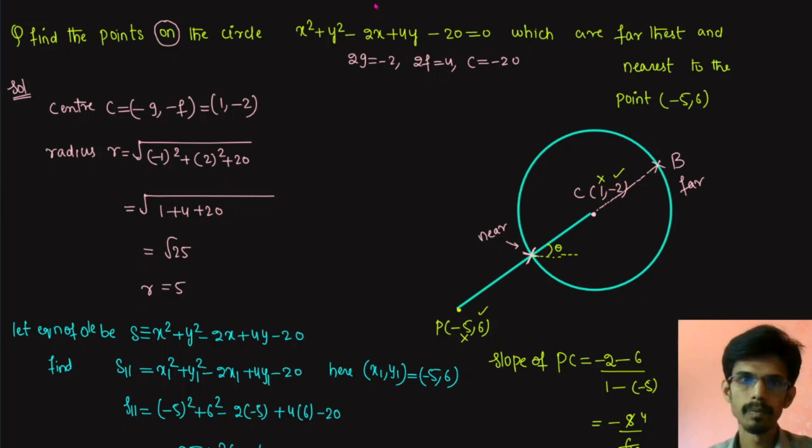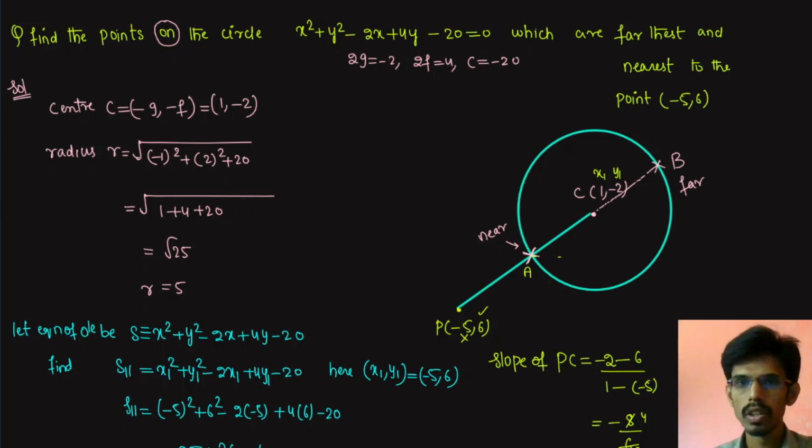Now on this line, we know this point C. Let us take the other point as A. I want this point A here. We know the other point on the same line, and the slope is also known. Let us take this as x1, y1.